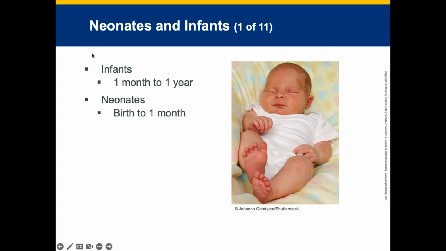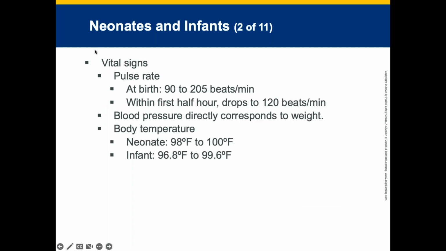Perfect. All right. With infants, it's 1 month to 1 year old. That's going to be our time frame there. So some of the changes we're going to find in the neonatal and the infancy are going to be vital signs. The younger the person, the faster the pulse rate and respiration.